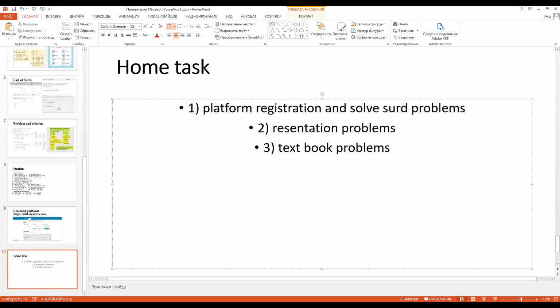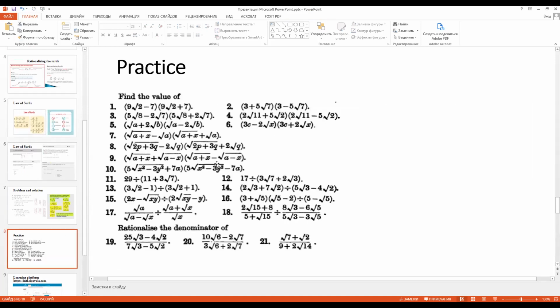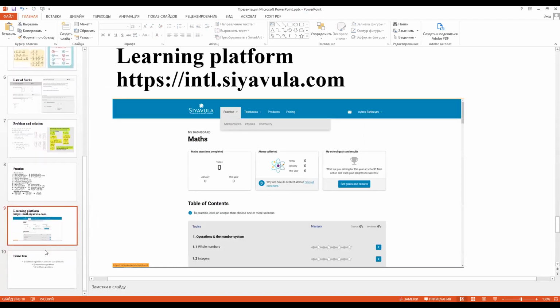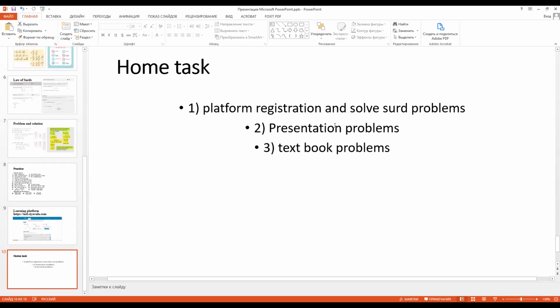And the second task is the presentation problems. Here in the presentation, we have other problems as well. Do you see? We didn't solve 10, 9, 7, etc. We solved only 3 of these problems. And the third one is your textbook problems. I assigned you the textbook problems.